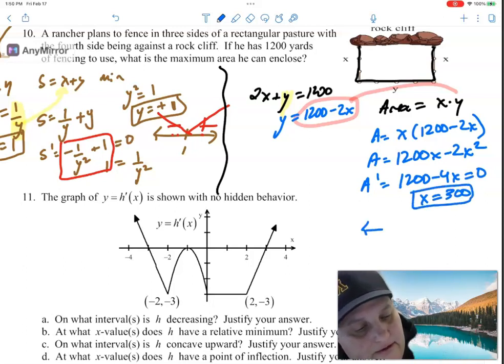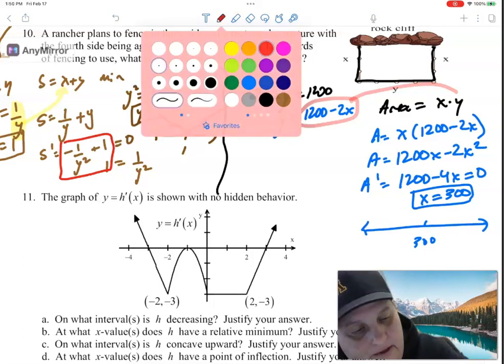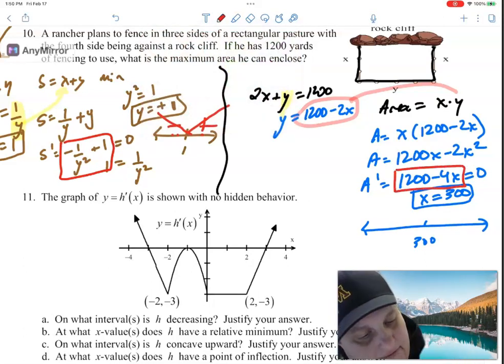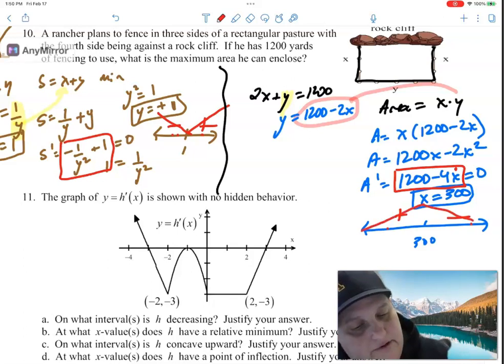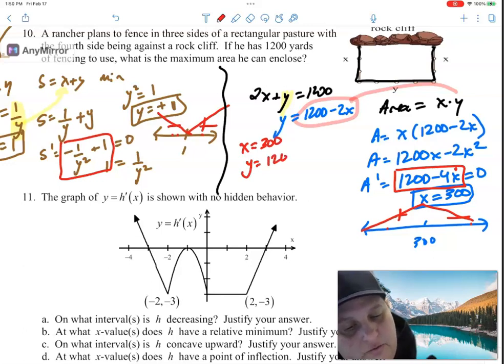Can I test if that is a maximum or a minimum? If I plug in something like 1, that's going to be a big positive number. If I plug in something like 1,000, that's going to be a big negative number. So it is maximized when x is 300 and y is 1,200 minus 2 times 300.